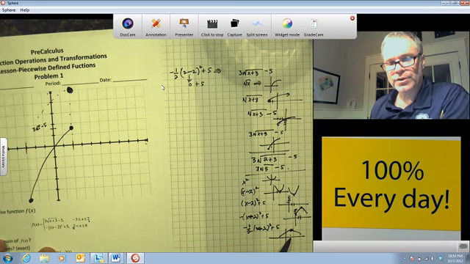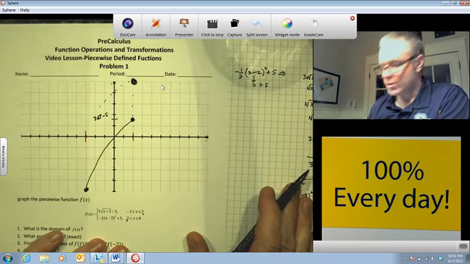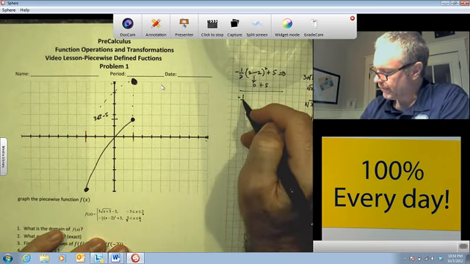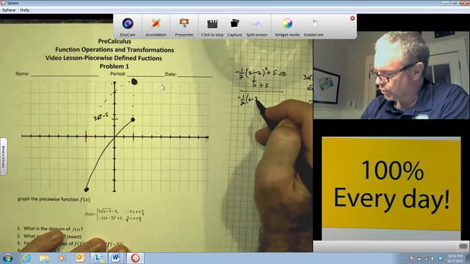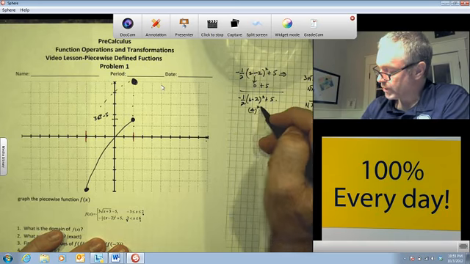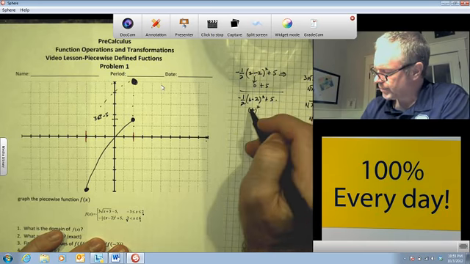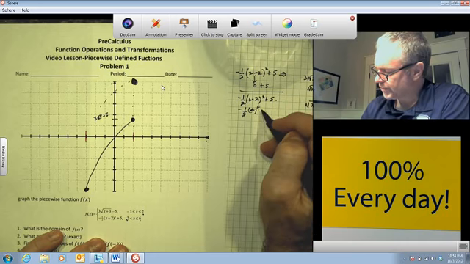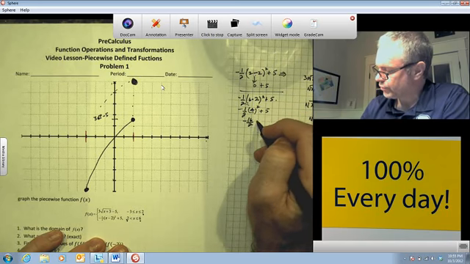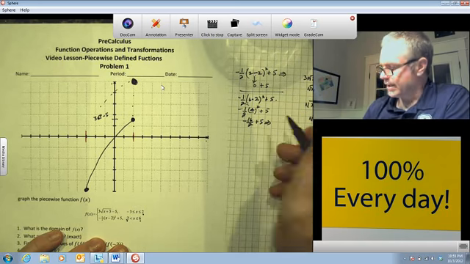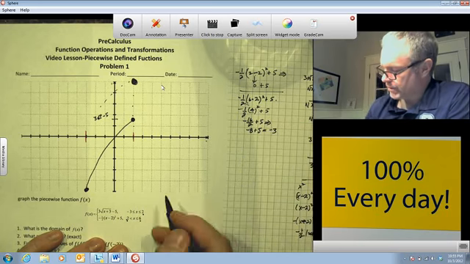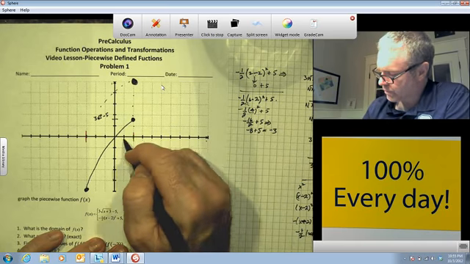It's going to be a little bit wider, as we saw from our parent functions and our transformations. So we just need the endpoint. That's 6. So we're going to plug that in, -1/2, and then 6 minus 2 squared plus 5. This becomes 4 squared times -1/2 plus 5, and this becomes -16 over 2 plus 5, and we have -8 plus 5, which is equal to -3.